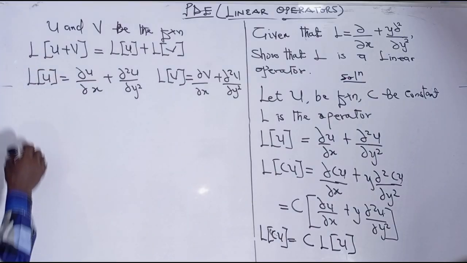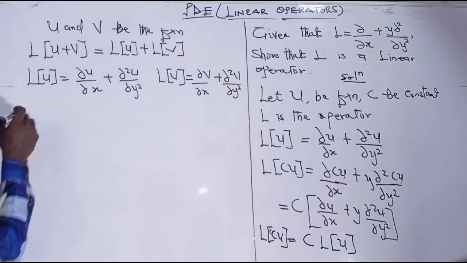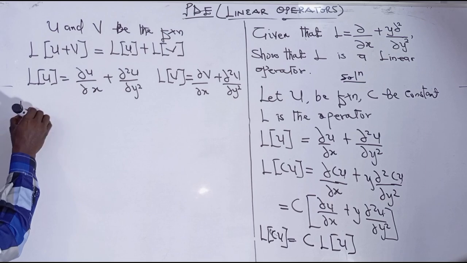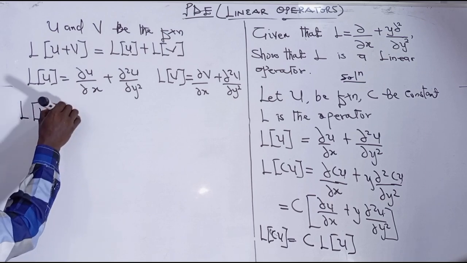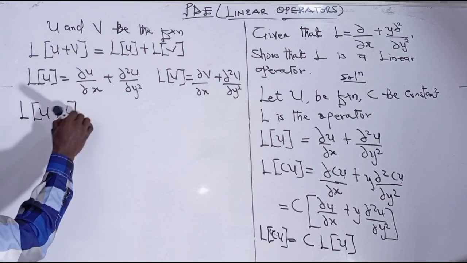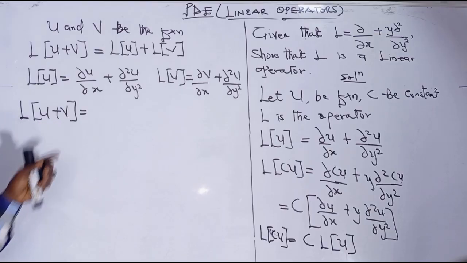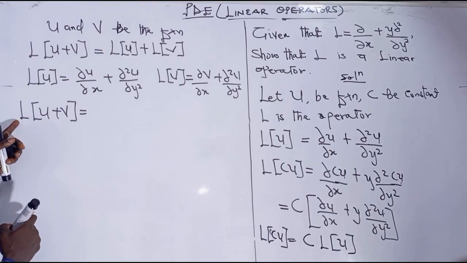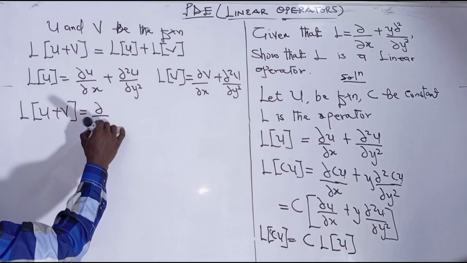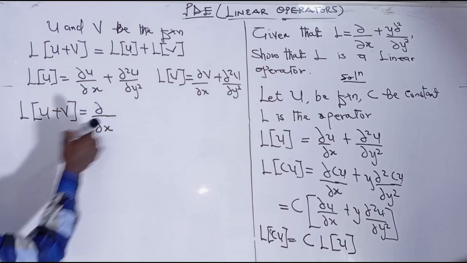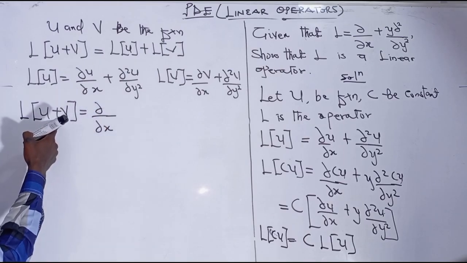Now once we have this, we are going to start from the left. On the left, we have L operating on the function u plus v. So our operator is del x, and it is operating on the function u plus v.